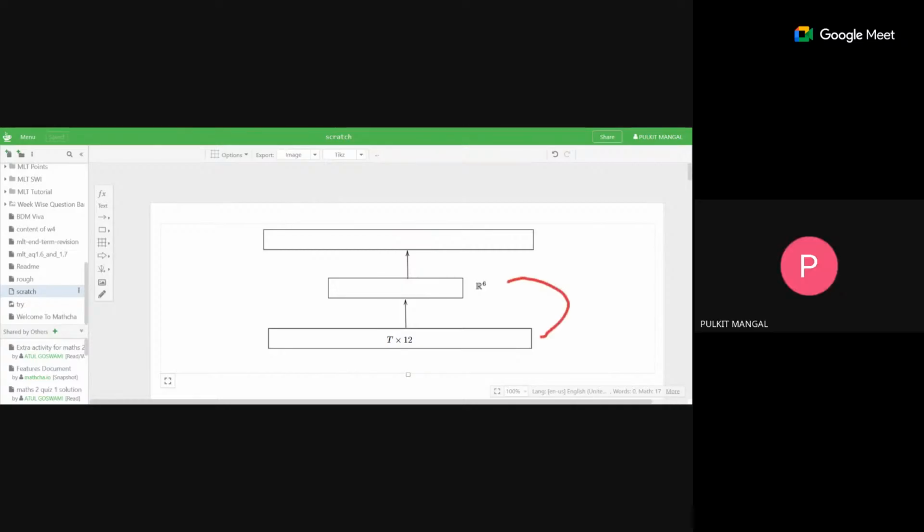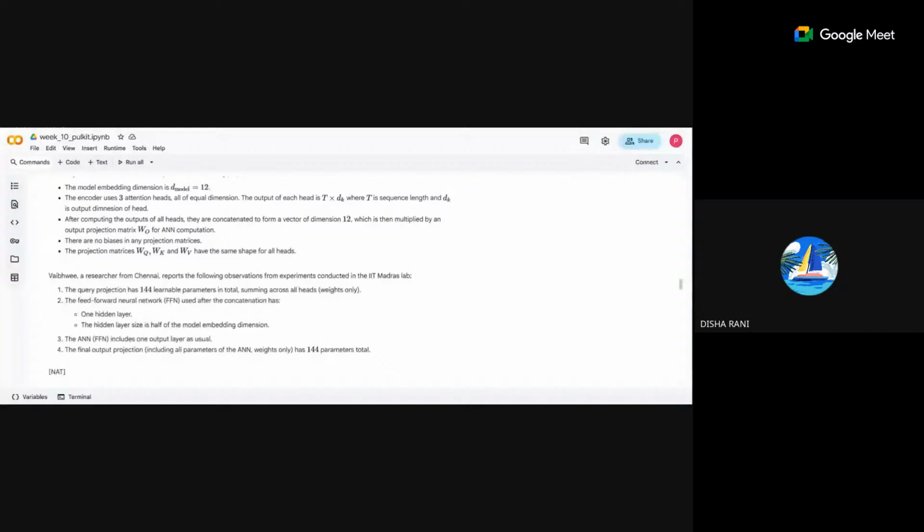That's why here it would be 6 cross 12, and 12 cross 6, and 6 cross 12. Once you know these dimensions, using this observation, you will be easily able to calculate the total number of parameters.